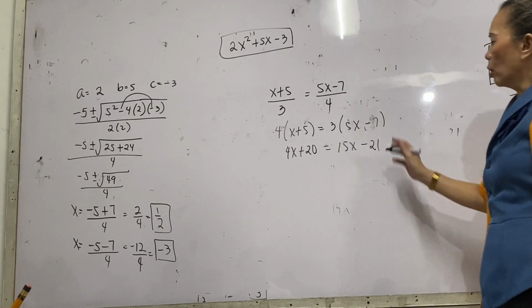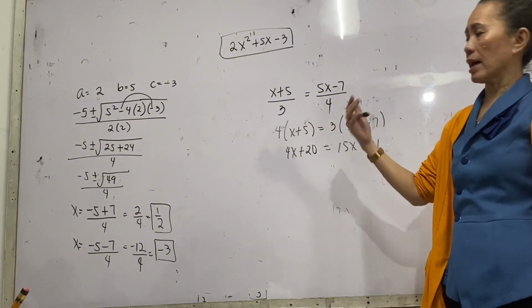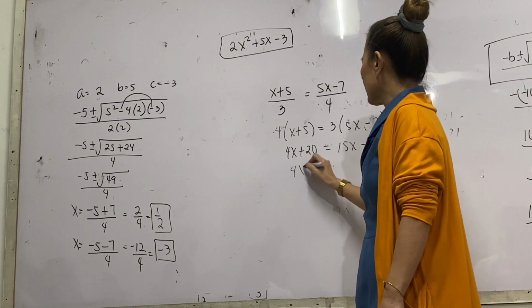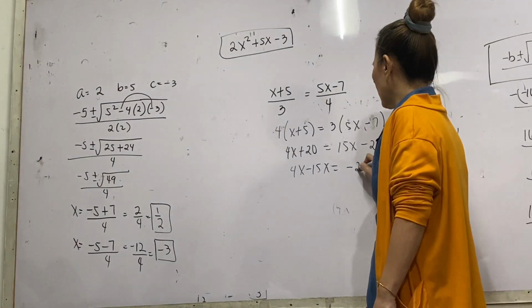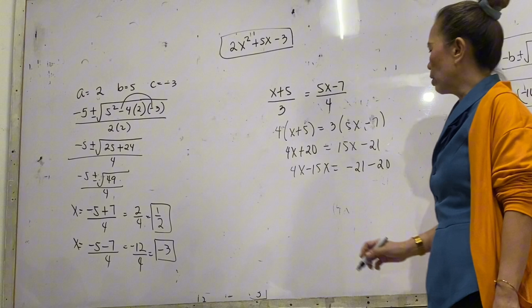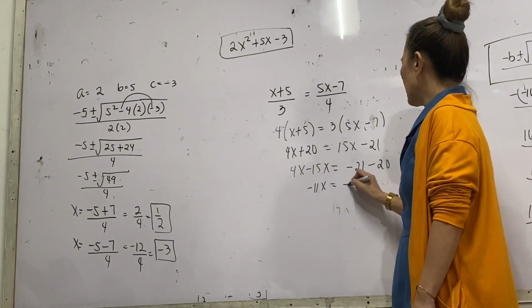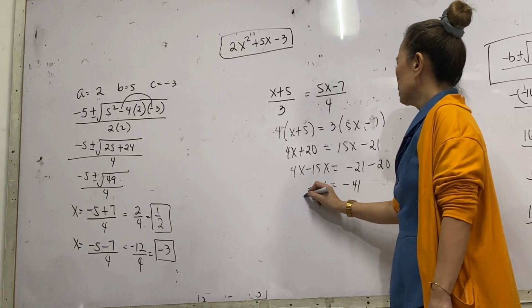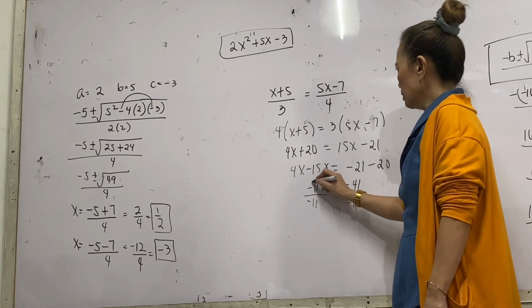And then, all with x on the left side, all without x on the right side. So we have 4x minus 15x. Change the sign na, negative 21 minus 20. So what is 4 minus 15? Negative 11x is negative 41. Both sides divide by negative 11.